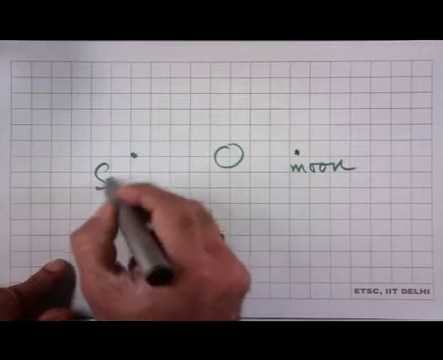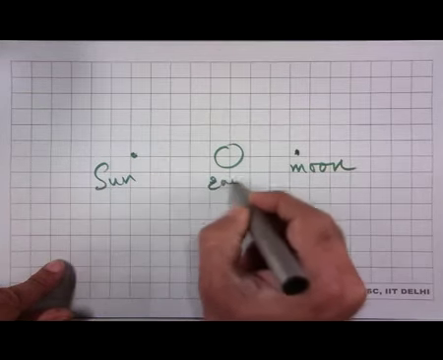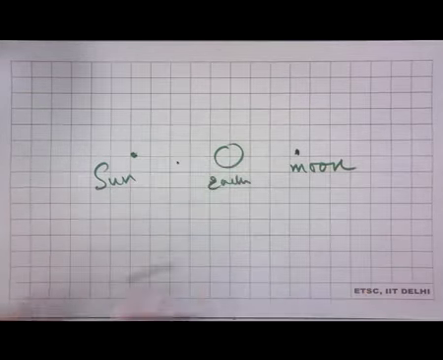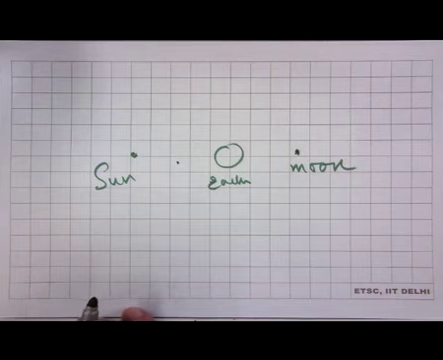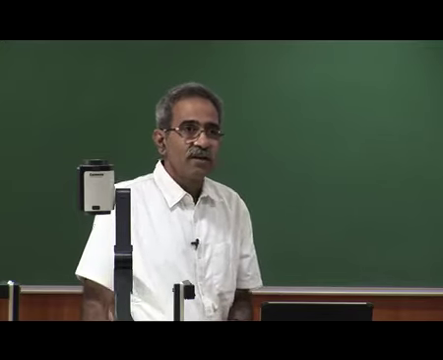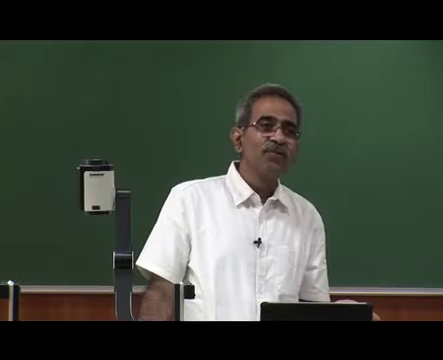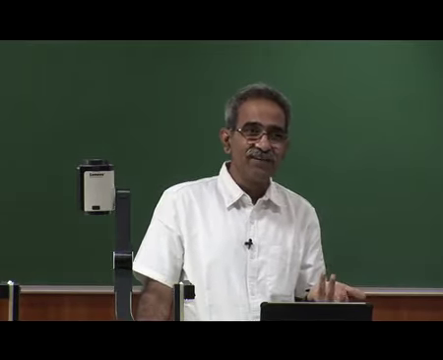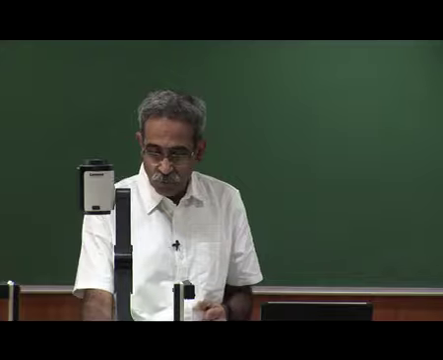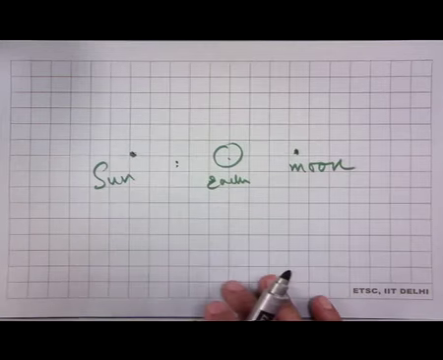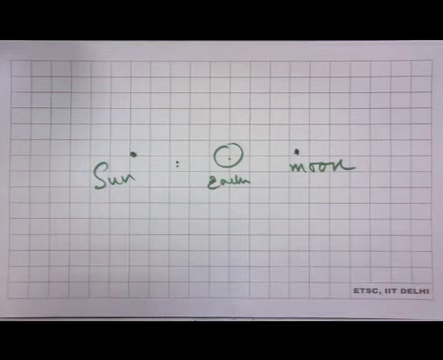This is the Sun, this is the Earth, and the full moon is when the Moon is here, because that is what we have. In fact, the orbit of the Moon is slightly inclined to this plane, otherwise every full moon we would have had an eclipse. There is no escaping that, we would have had an eclipse because the Moon would come between the Earth and the Sun. There would have been a solar eclipse, but such a thing does not happen anyway.